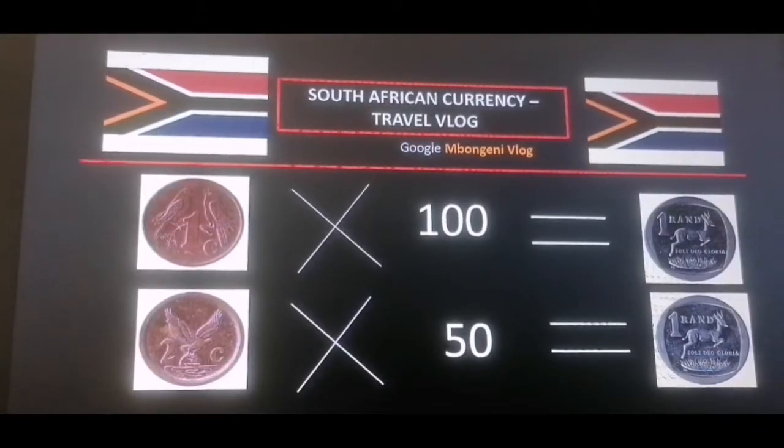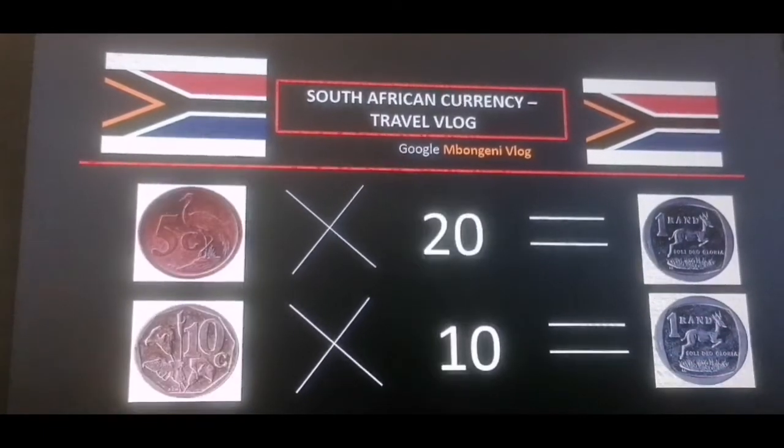A good example is that 100 of 1 cent make up 1 rand. So 50 of 2 cents make up 1 rand. So you can work it out in that way and you'll be able to identify how much you must pay or how much change you must get back.